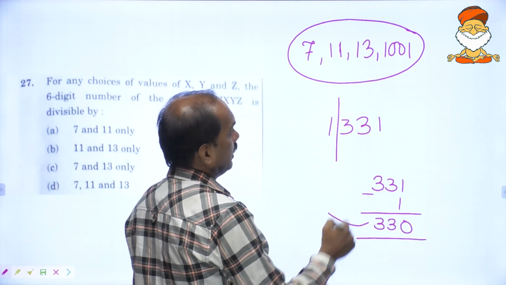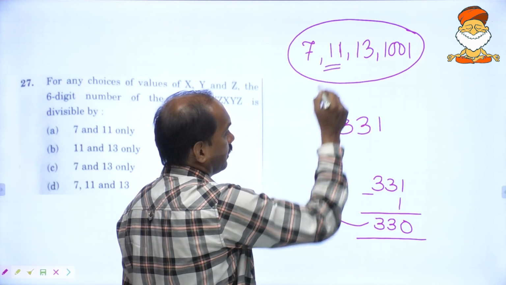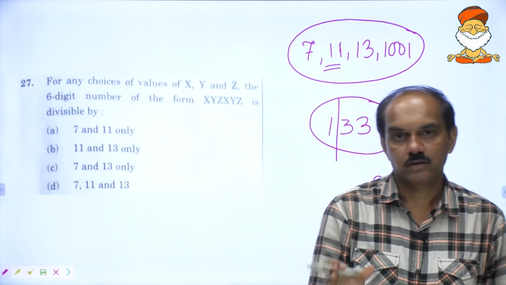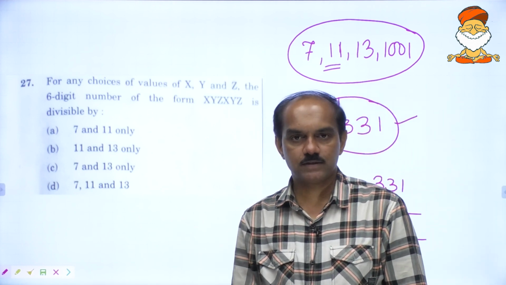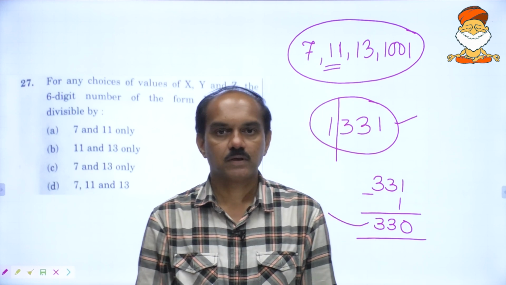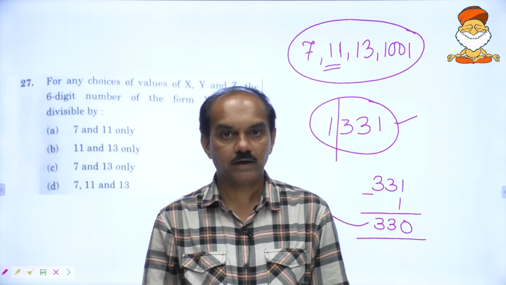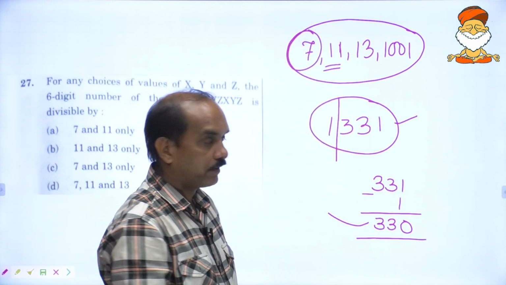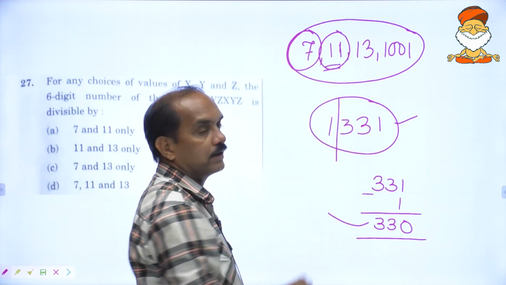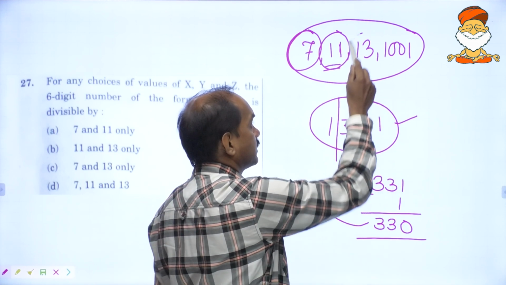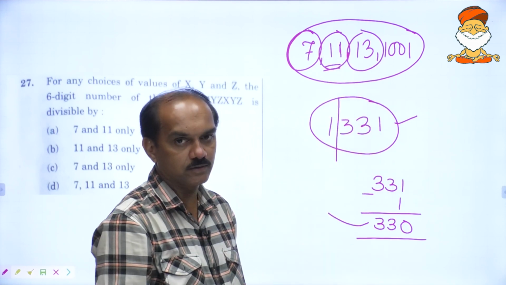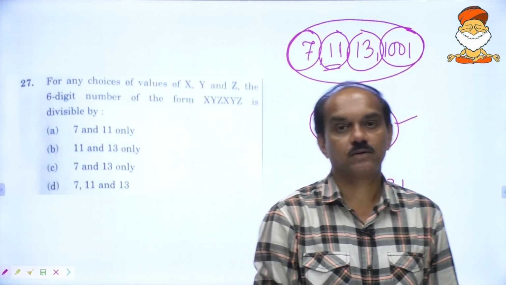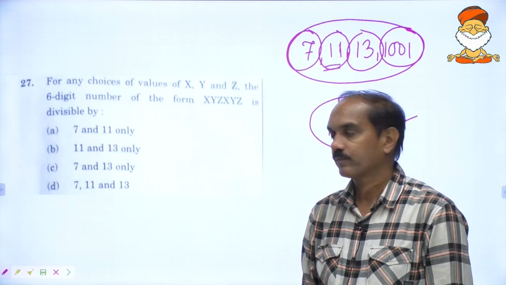This is divisible by 11. Therefore, this number is divisible by 11. Make a group of 3 digits from the right hand side. Check the difference. If the difference is divisible by 7, then the number is divisible by 7. If the difference is divisible by 11, then the number is divisible by 11. If the difference is divisible by 13, then the number is also divisible by 13. If the difference is divisible by 1001, then the number is also divisible by 1001.